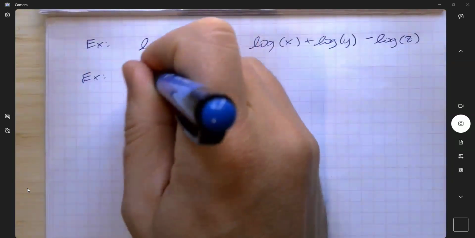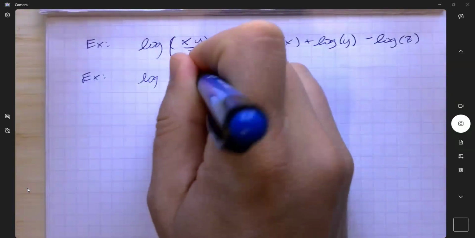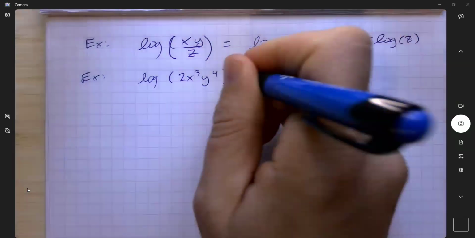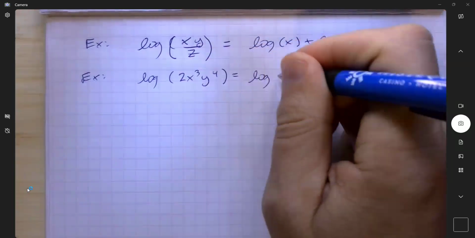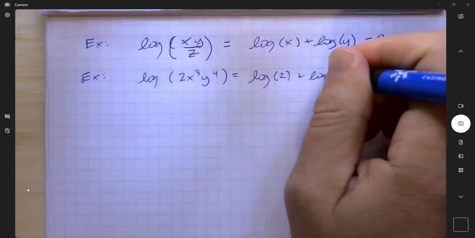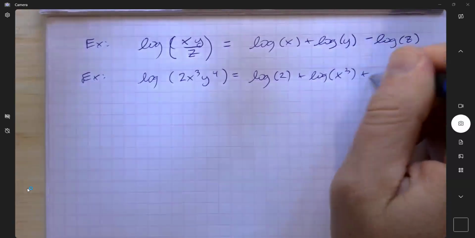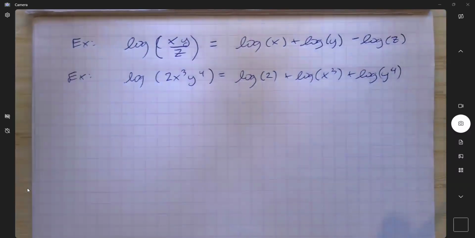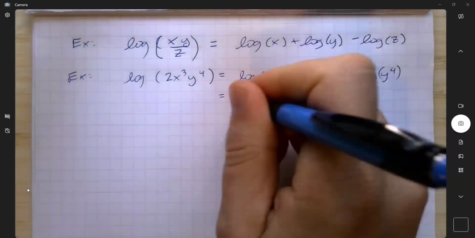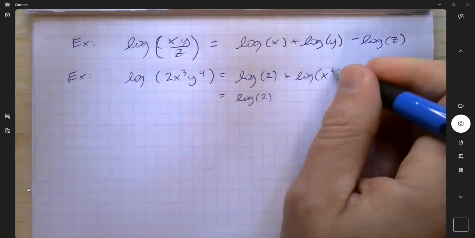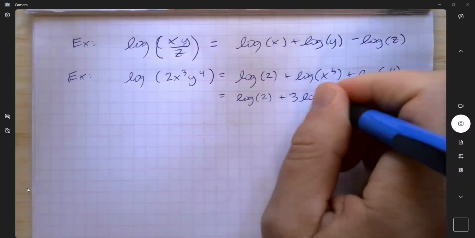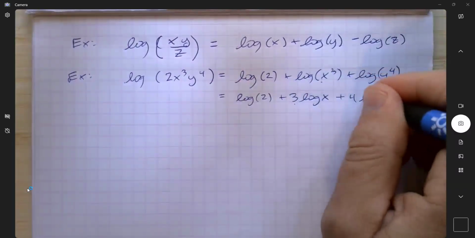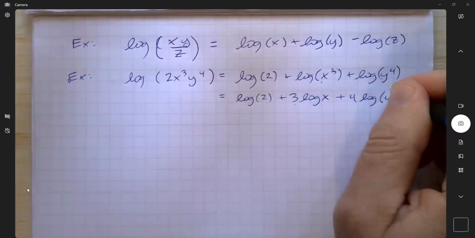Let's look at the log of 2x cubed y to the 4th. Well, rule 1 says I can write that whole product as adding 3 different logs together. And then my third rule says I can bring the power on the x out front and the power on the y out front.